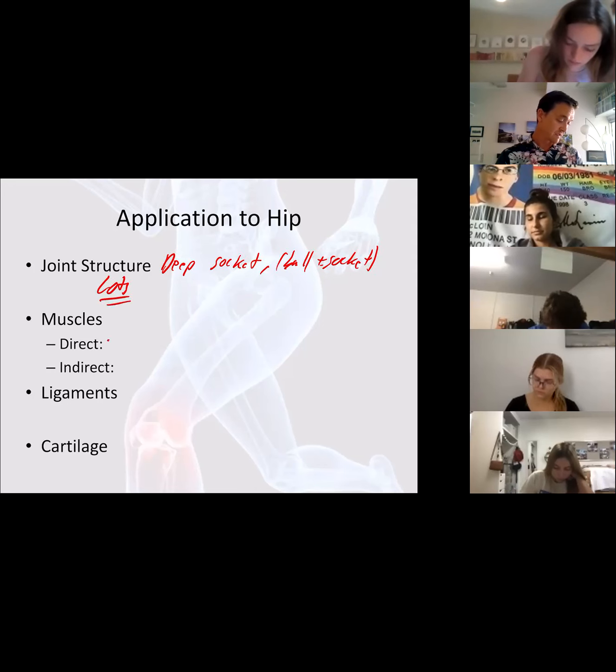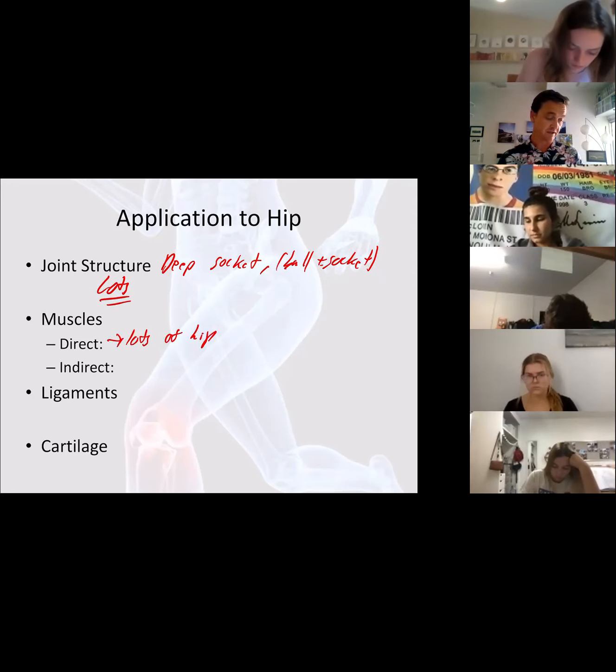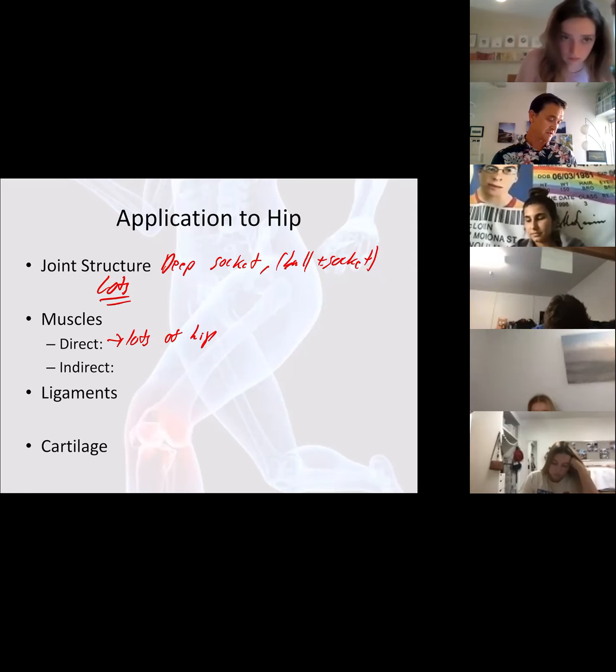Muscles: there are lots of hip muscles. They're especially posteriorly around the gluteal region, and there are also quite a few anteriorly and medially. All your adductor muscles cross over it, so lots and lots of direct stabilizers. The indirect stabilizers might include your back muscles.